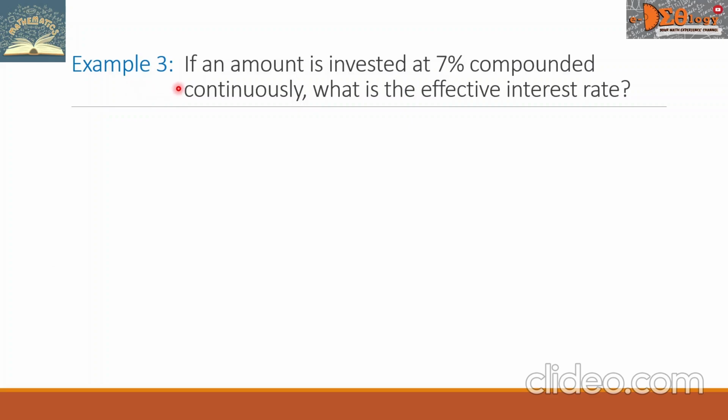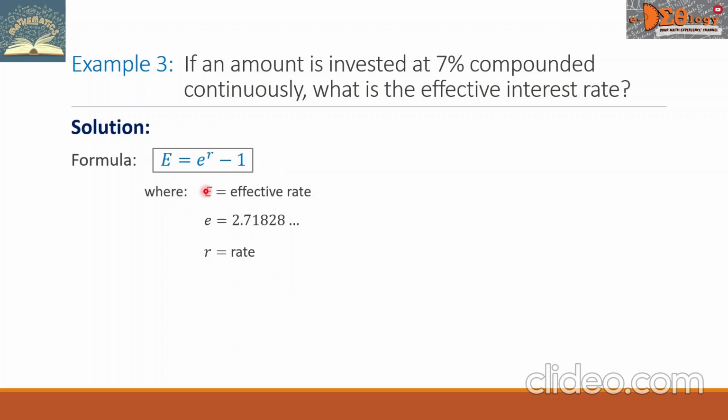Example 3. If an amount is invested at 7% compounded continuously, what is the effective interest rate? We're going to use this formula. Capital E equals small e raised to r minus 1, where this capital E is the effective rate.